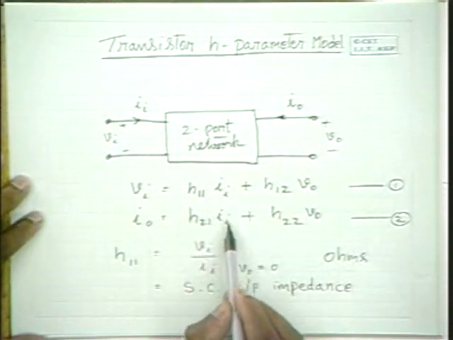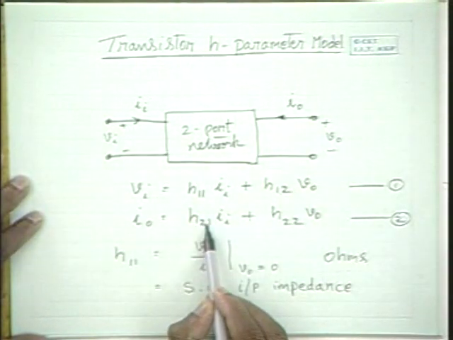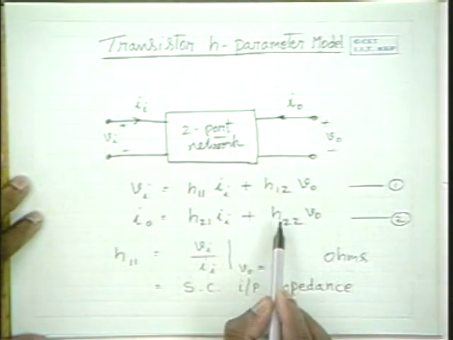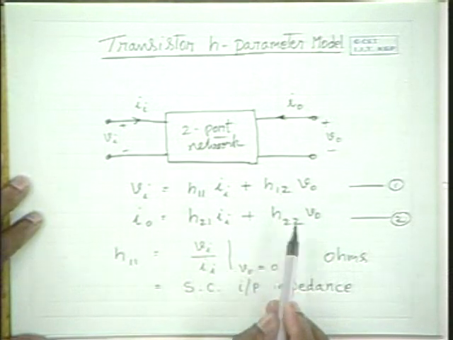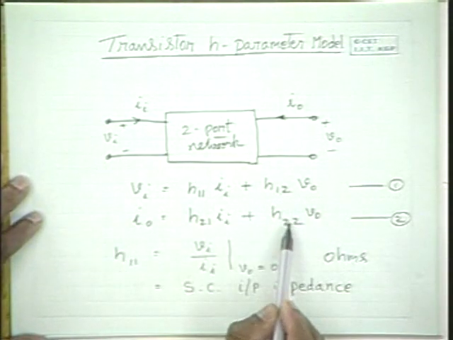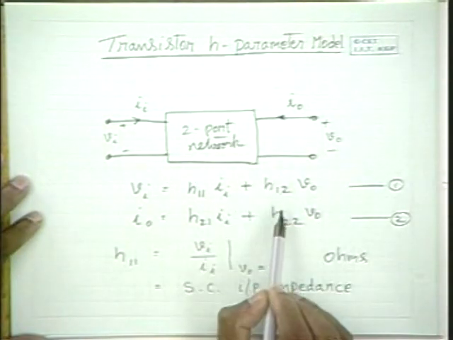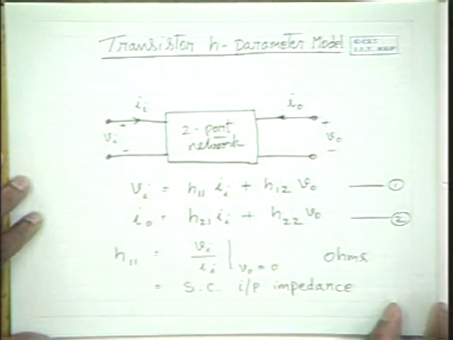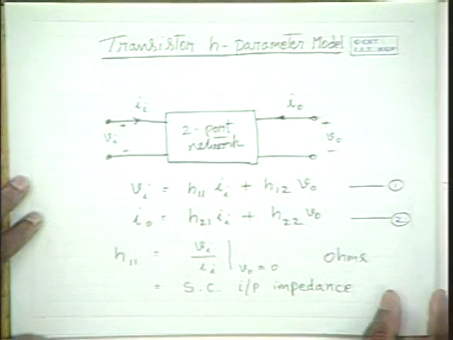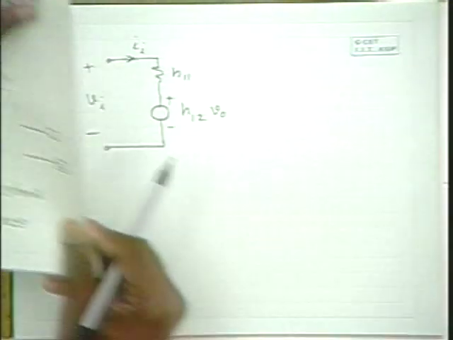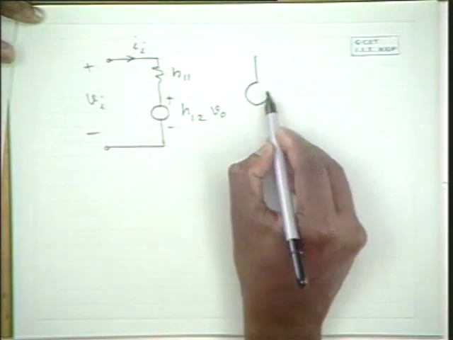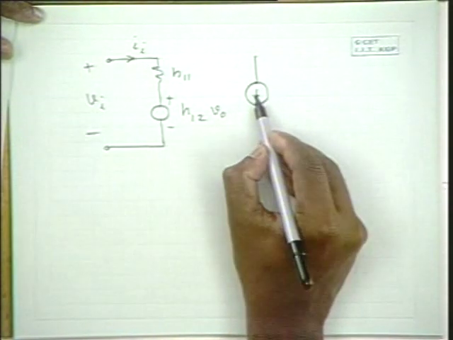So it has to be two parallel branches. One parallel branch is a current source whose value is proportional to the input current, and the other branch is as if there is an admittance connected across V0, and the admittance value is h22. Hence, the output side equation's circuit equivalent can be expressed in this form.